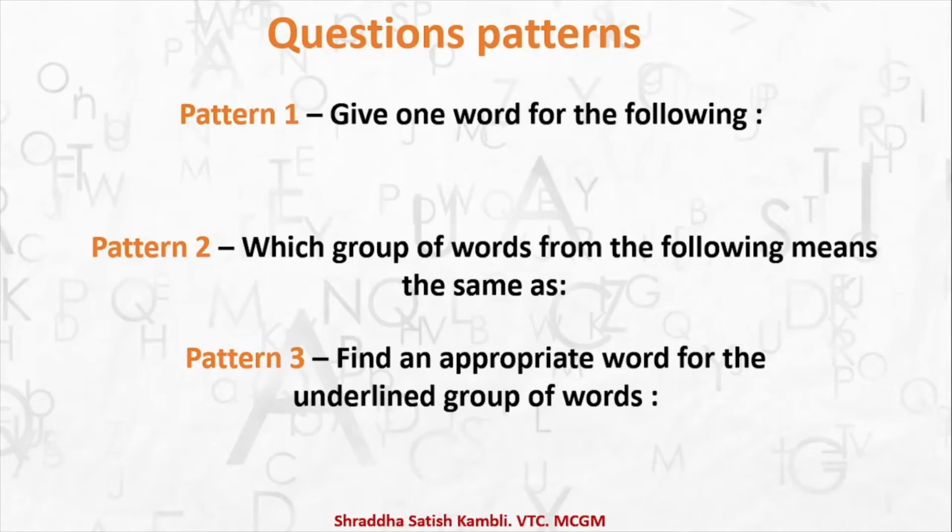Following means what? It will be a phrase, or it will be 4-5 words. And then the second will be, they will be giving you a group of words and you have to find out one word. Okay? And then you have to find out an appropriate word for an underlined group of words. So a sentence will be given to you.